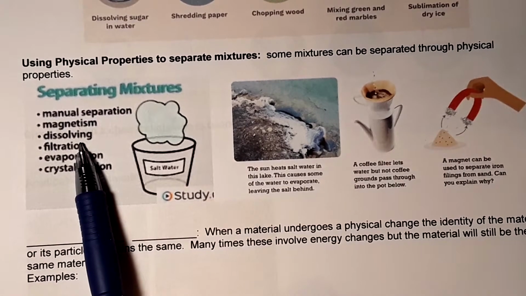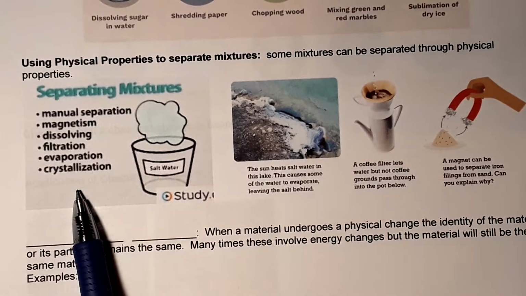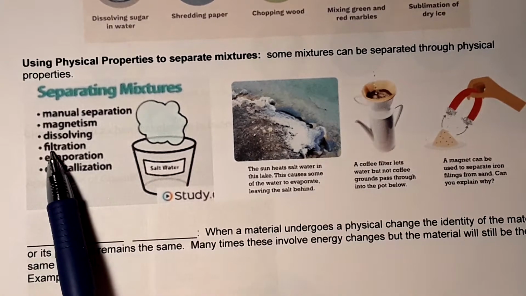Dissolving. Salt water is made by dissolving salt into water, and if you evaporate the water, you separate out. You can also separate some substances by dissolving.